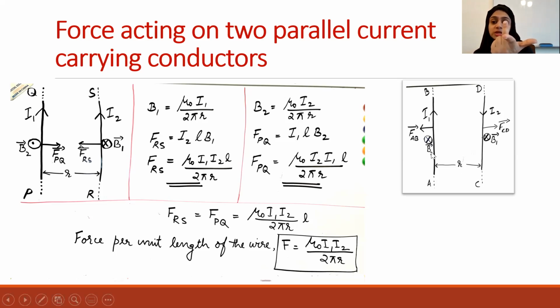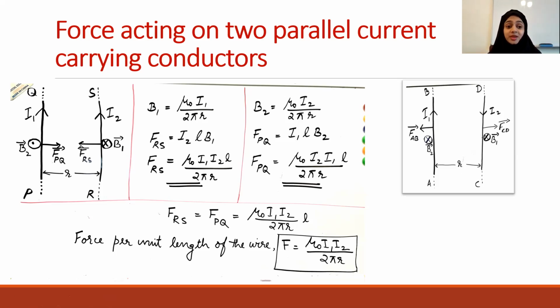So the force experienced by this wire AB is to the right. Is that clear? So you can see that force experienced by CD is away from AB and force experienced by AB is away from CD, which means AB is pushing CD away and CD is pushing AB away. They are pushing away each other, which means they are repelling each other.